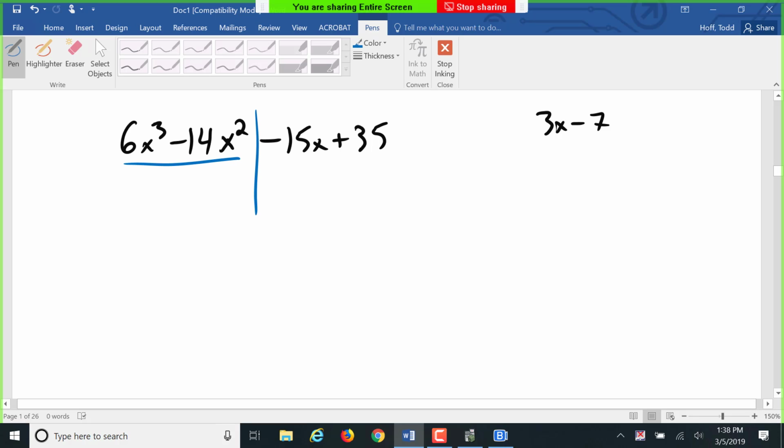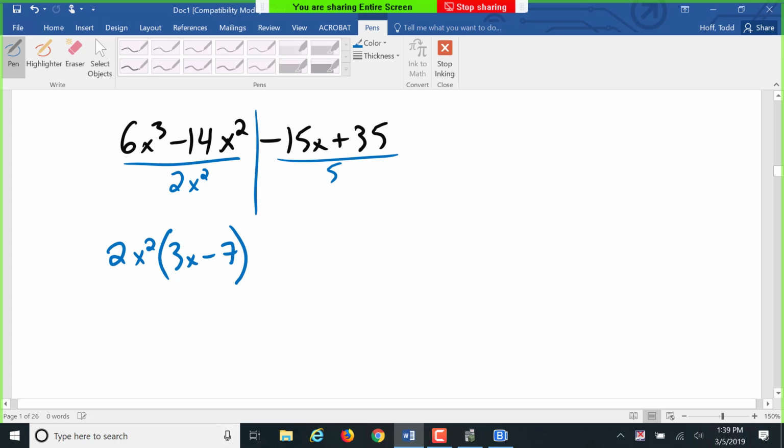And of course, here, what would our common factor be for those first two? 2x squared. Perfect. Now it would leave us with 3x minus 7. Good. For the second set, our common factor would be 5. If we divide out a 5, though, we get negative 3x plus 7.